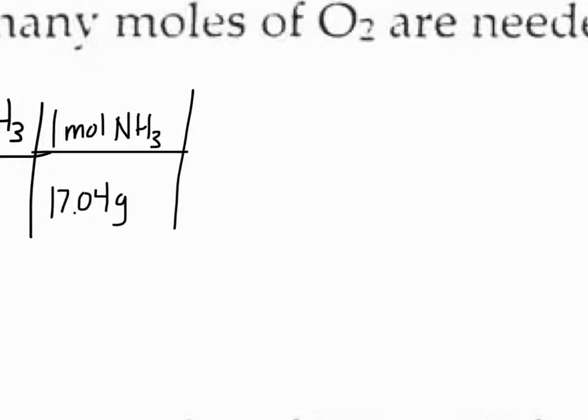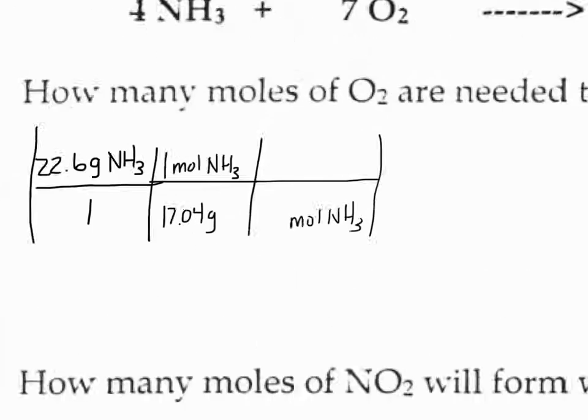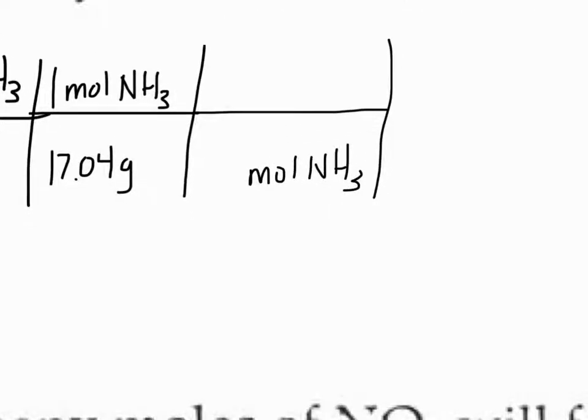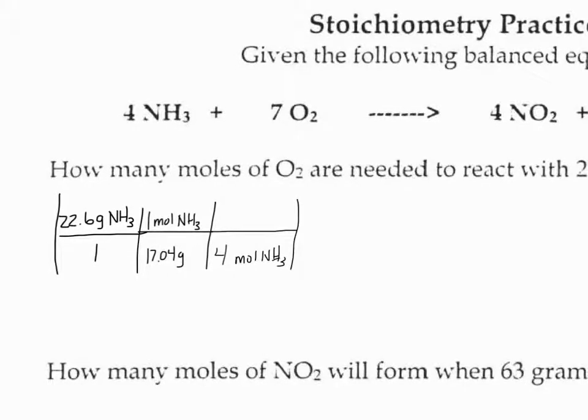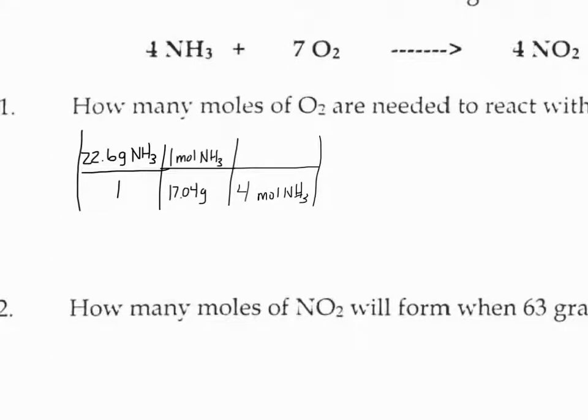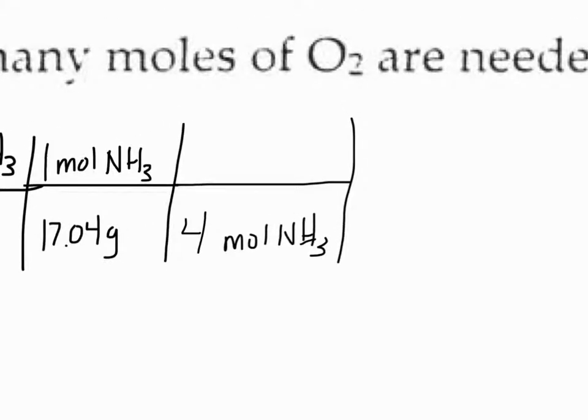So what we have is moles of NH3, and if we look up top, we see that it's 4. So 4 moles NH3. Now what we want is O2, and if we look at the top here, we have 7 O2 from the balanced equation. So 7 mole O2.